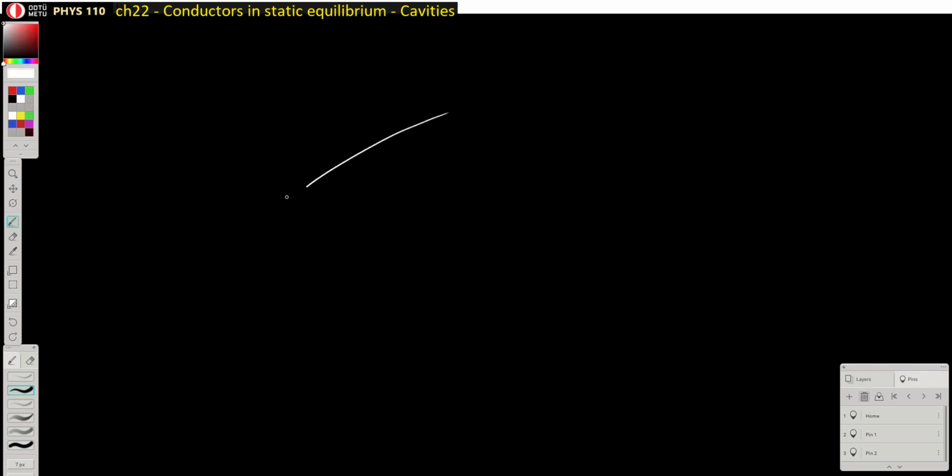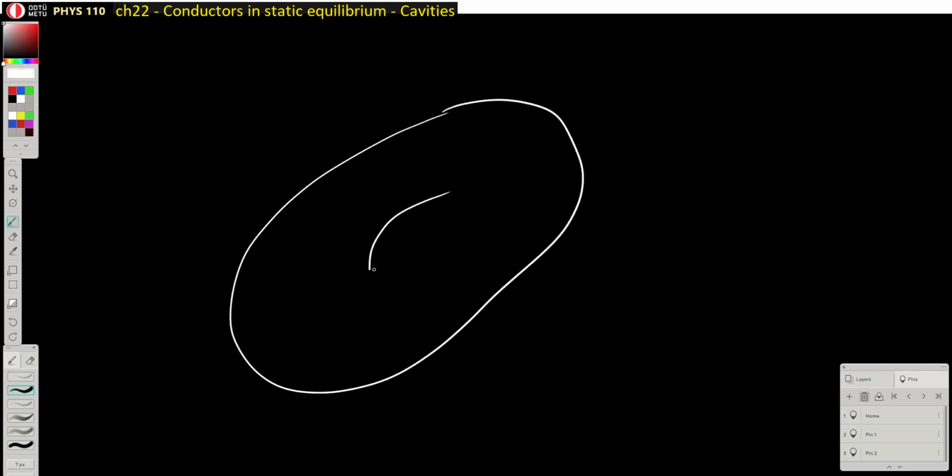If I place a positive charge inside a cavity, let me draw it like that, somehow there should be negative charges collected at the surface in such a way that the total contribution of all of the negative charges and the positive charge inside the conductor is equal to zero.